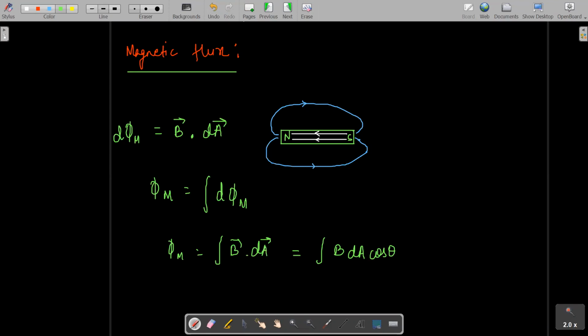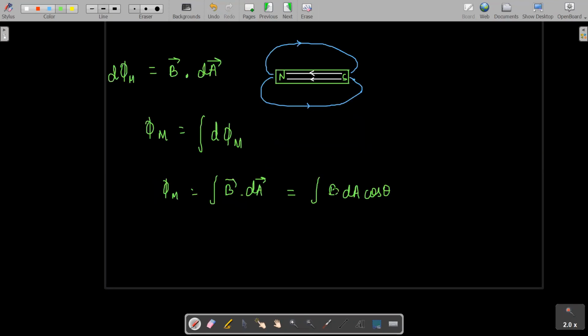And if the magnetic field is constant, and theta is also constant, then B cos theta will be outside the integration sign, right? So phi m will be equal to B cos theta into the integration of dA. And what will be the integration of dA, students? The complete area, right? The total area.